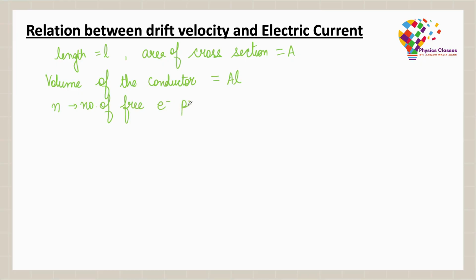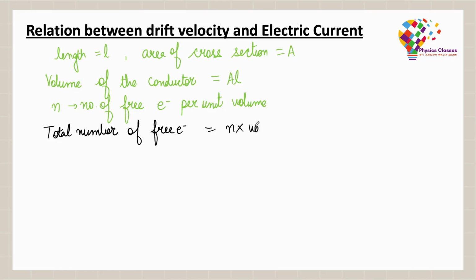Now, if I want to find out the total number of electrons, then that can be found out by multiplying the number of free electrons per unit volume with the volume. So the total number of free electrons will be equal to n times the volume. And the volume I have just figured out is AL, so this is n times AL.